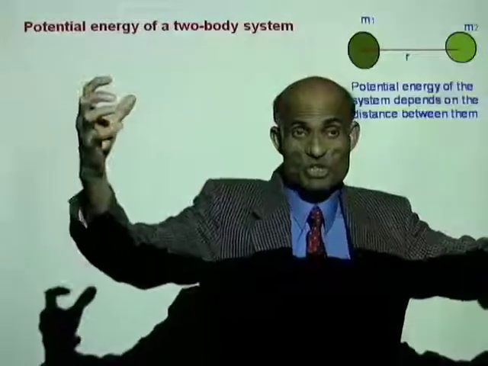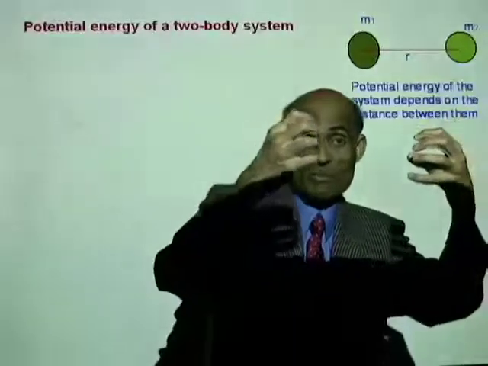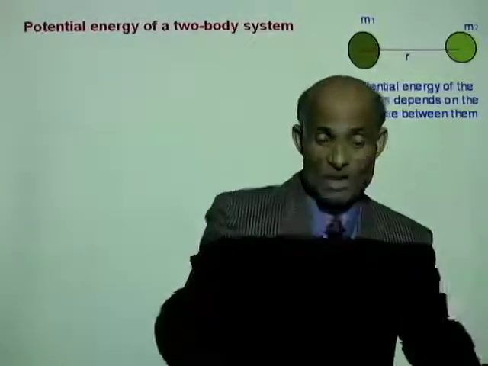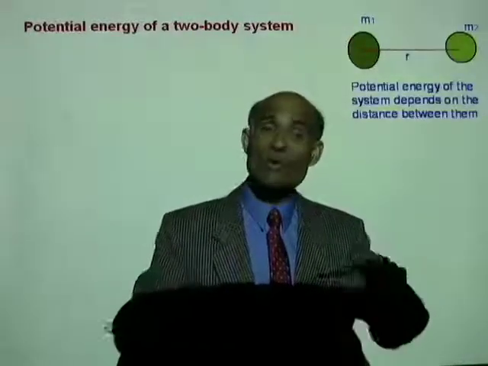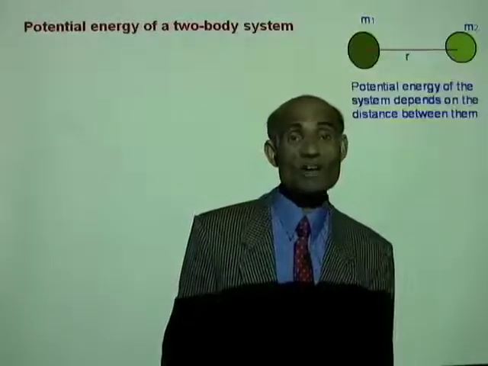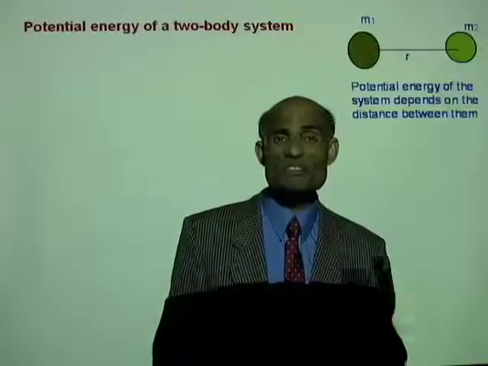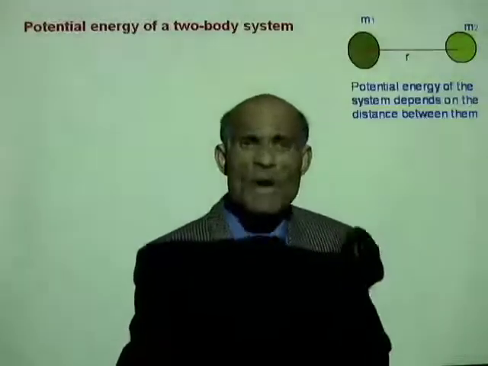As the distance decreases, the potential energy becomes negative, more and more negative. Okay, you see, this is the same as saying that we are all trapped on the surface of the earth, which is the same as trapped at the bottom of a potential well.